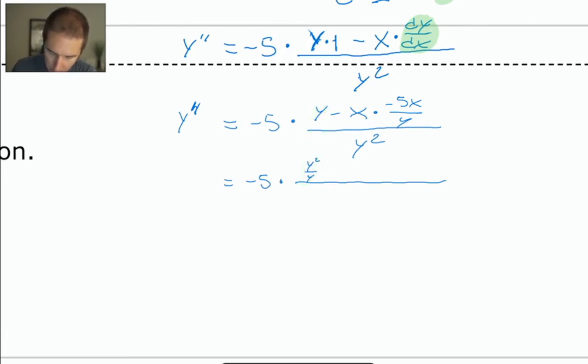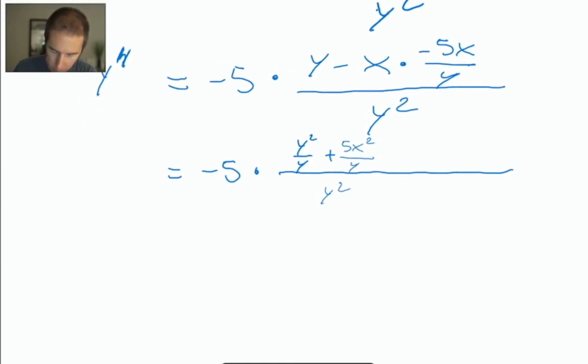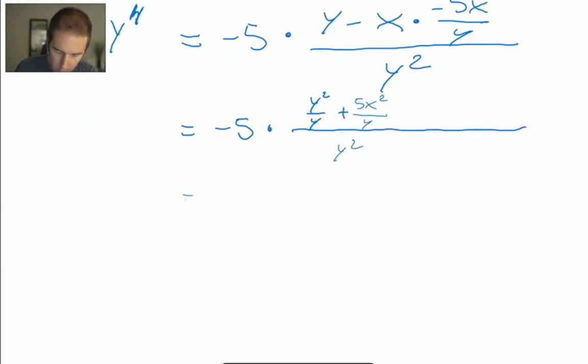And then minus, there's a double negative there, so plus the x times the negative 5x, or it's really a negative x times negative 5x, makes 5x squared over y, and all of this is over y squared. We're almost there. Now I've got negative 5 times y squared plus 5x squared all over y squared.